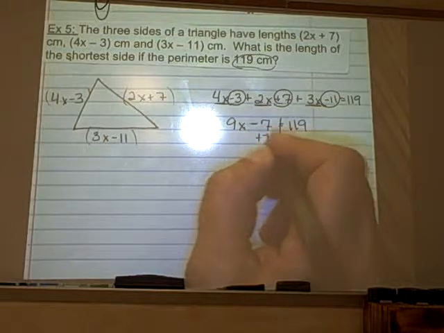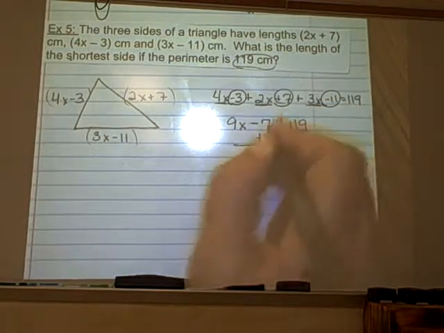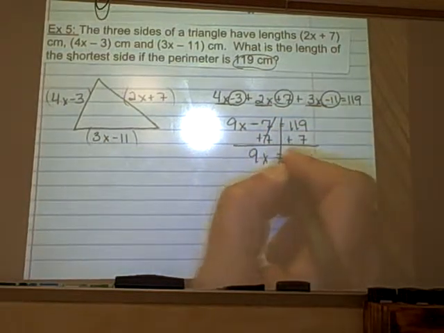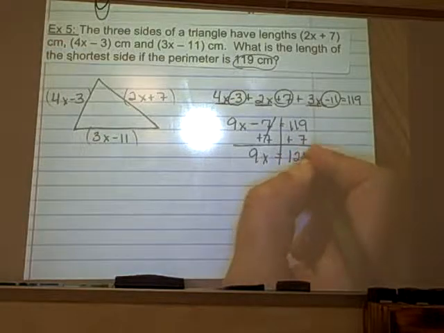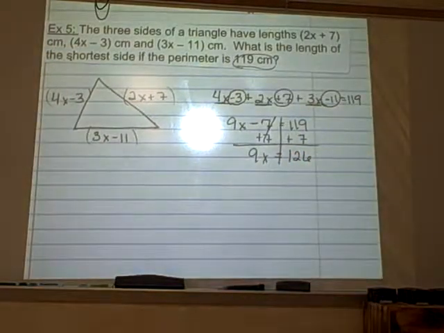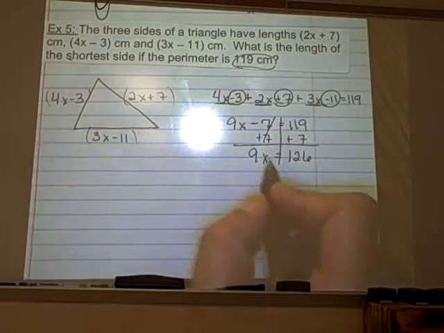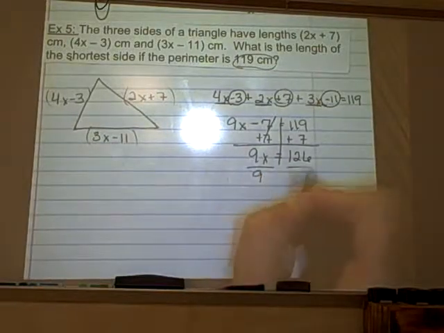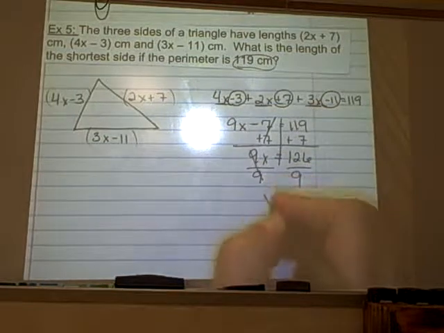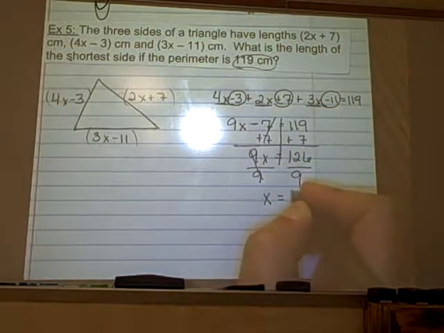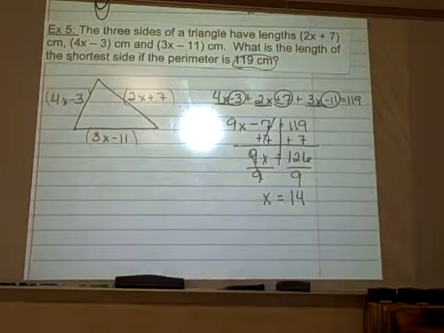Okay, so solve for x. Add 7 to both sides. It'll be 126. And then divide by 9. It's 14. Wait, don't say that loud, but keep the mind process.